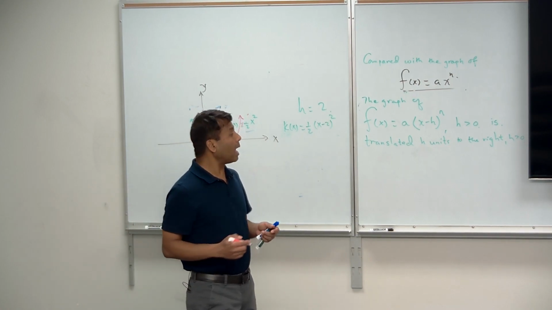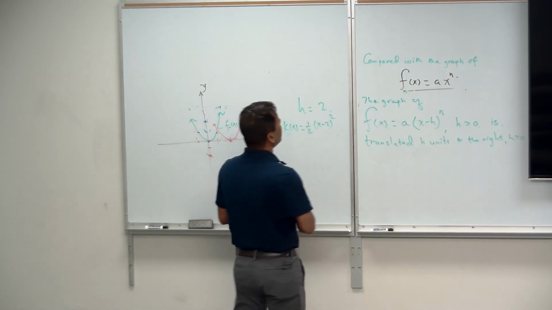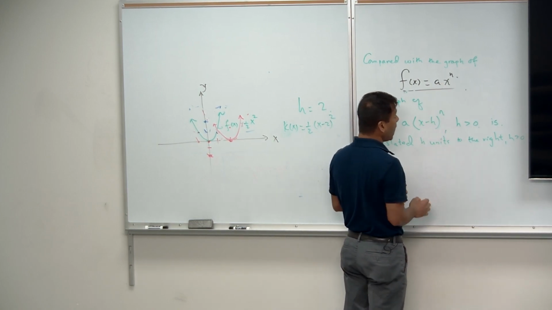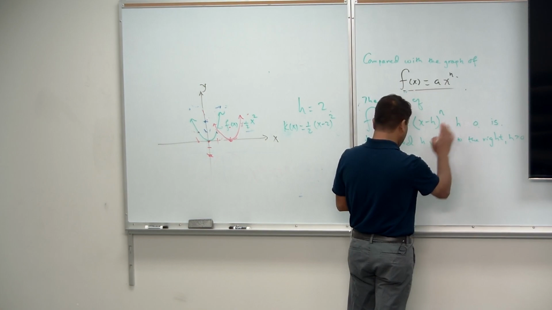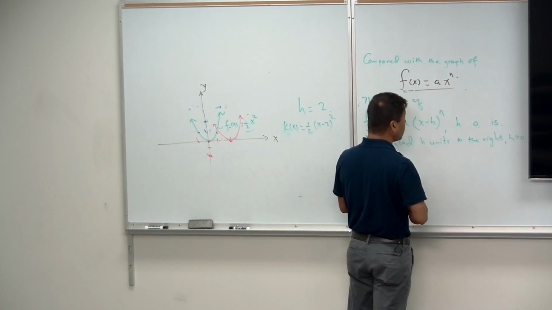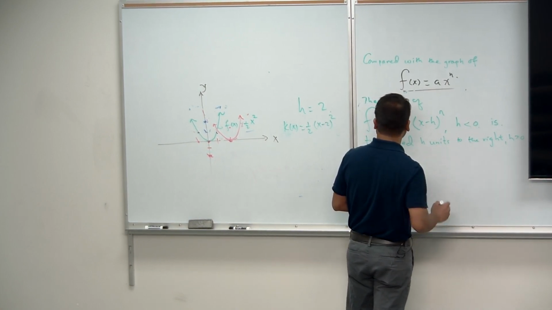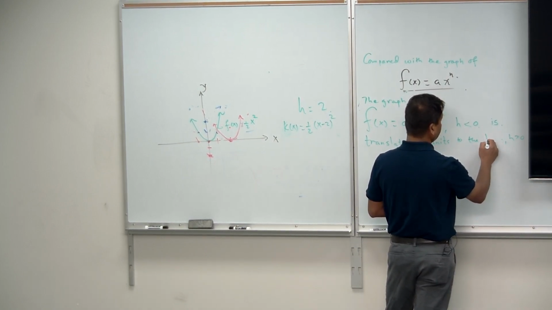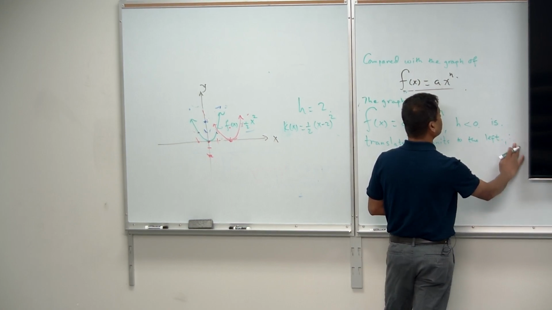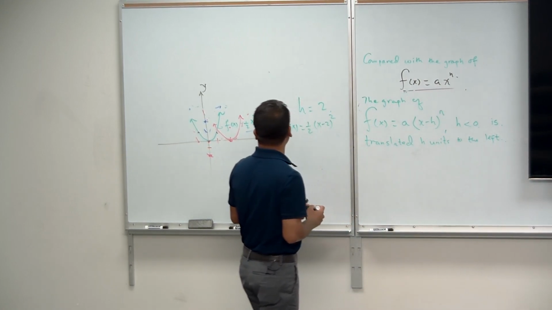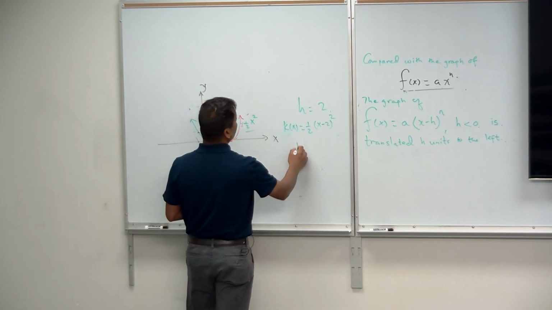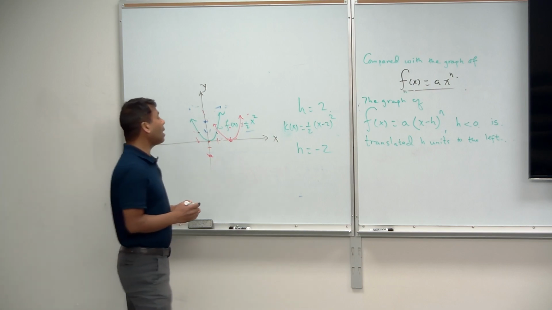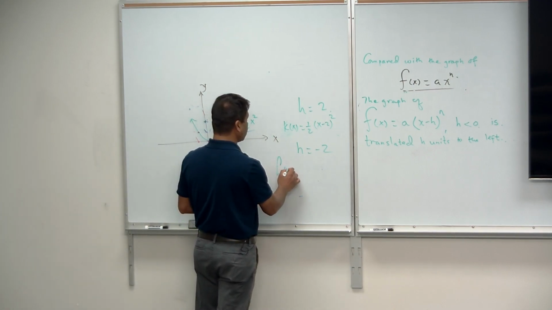And now, if h is positive, the graph of f(x) equals a(x minus h) to the power n is translated h units to the right. If h is negative, it is translated h units to the left. So let's say your value of h is negative 2, and your function is L(x) equals half (x minus negative 2) squared. Are you with me, guys?